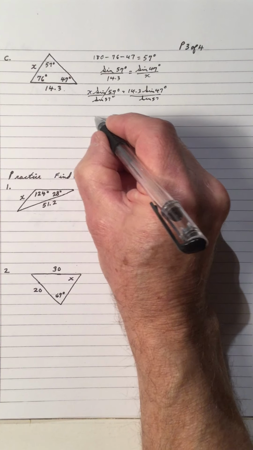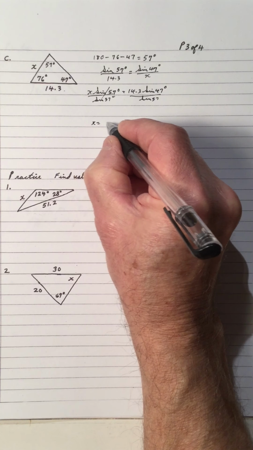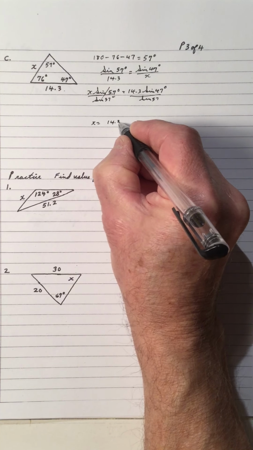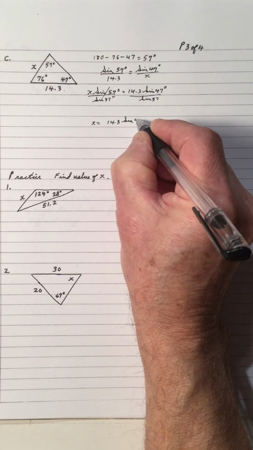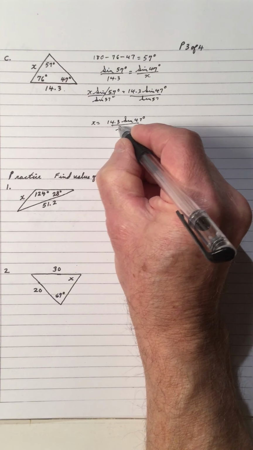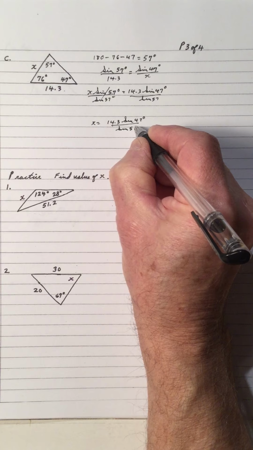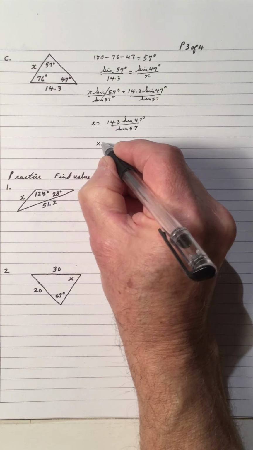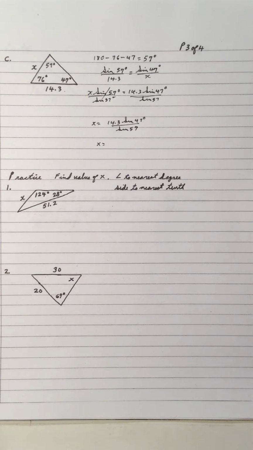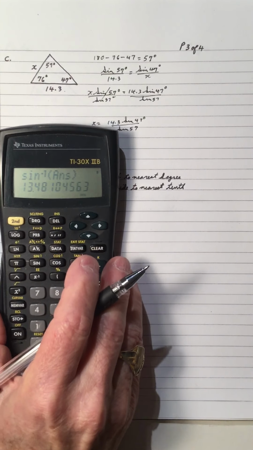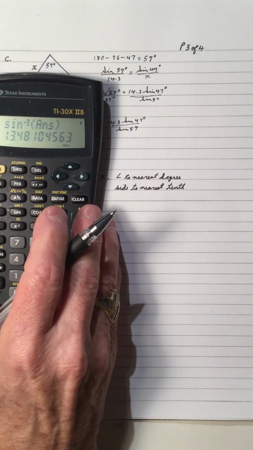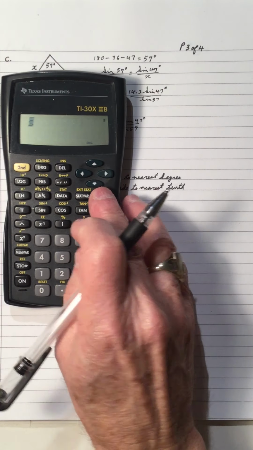They cancel, so x equals 4.3 sine 47 divided by sine of 57. So we work our calculator here. 4.3, so clear that.